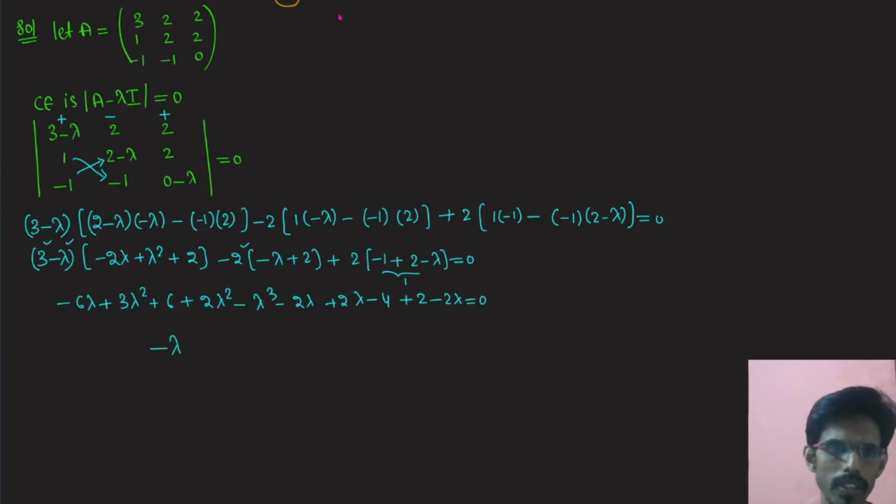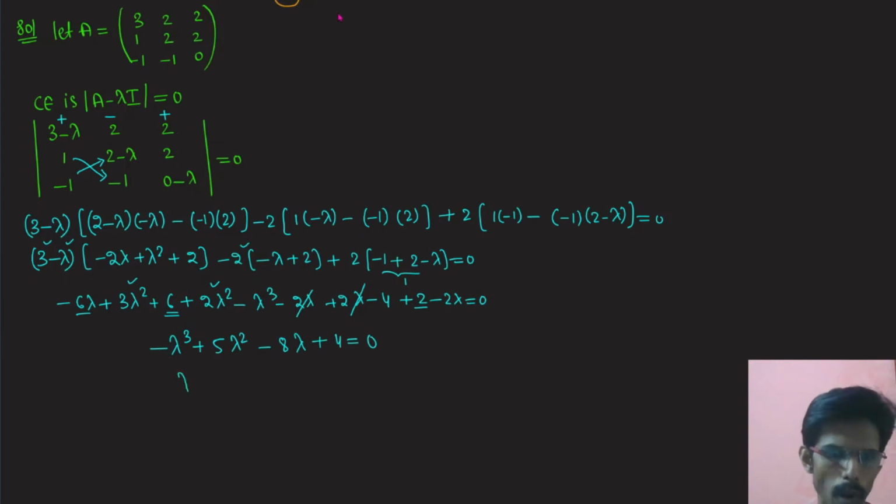So here I have minus lambda cube. Next we have lambda square, lambda square, this will become 5 lambda square. Now lambda terms, 6 lambda minus 2 lambda plus 2 lambda will get cancelled. We have minus 2 lambda minus 8 lambda, and we have constant 6 plus 2 will be 8 minus 4 will be plus 4 equals 0.